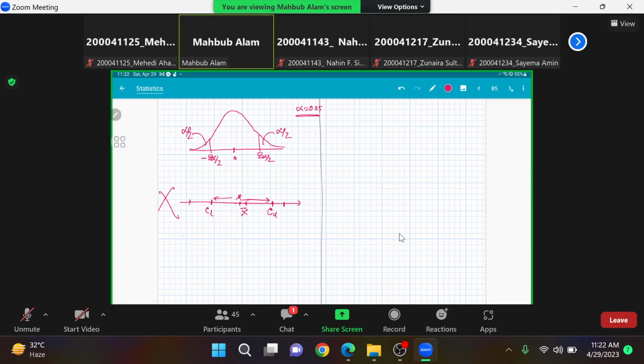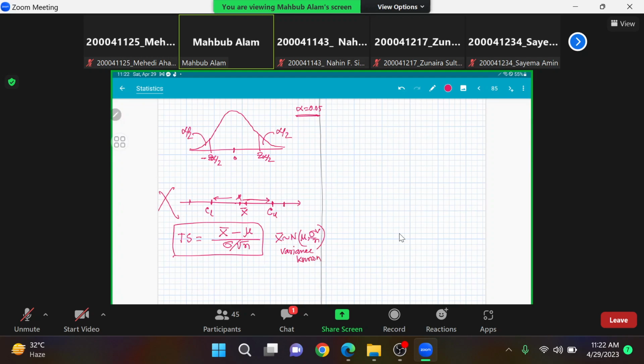Then the test statistic is defined as X bar minus mu divided by sigma divided by square root of n, given that X bar is normal with parameters mu and sigma squared divided by n. We call this the test statistic if X bar is normal and we know the variance. So variance is known.